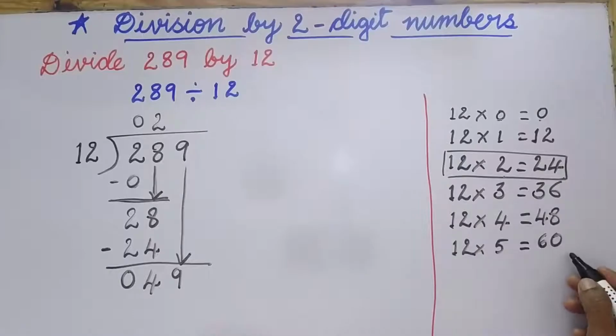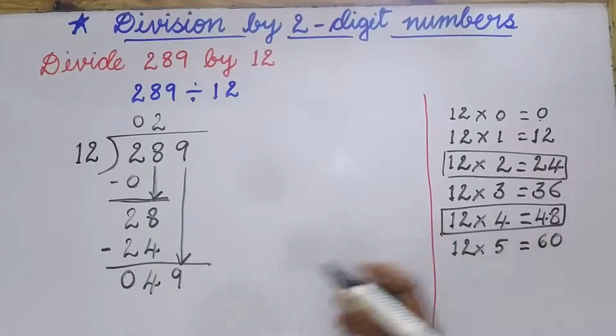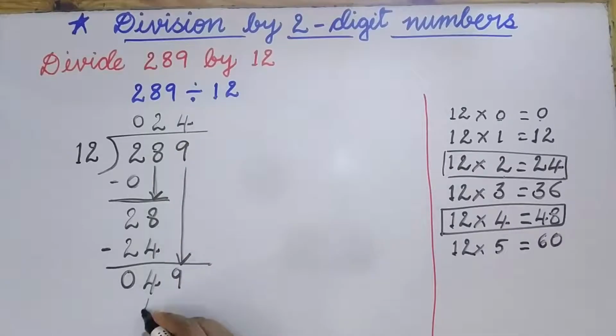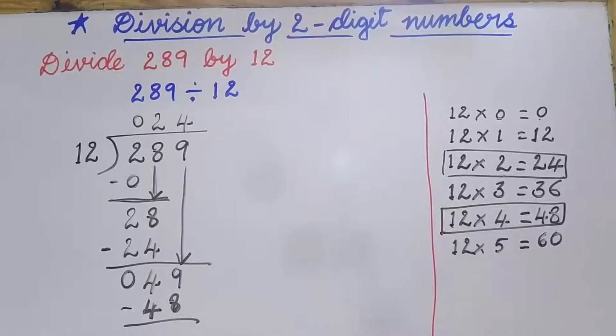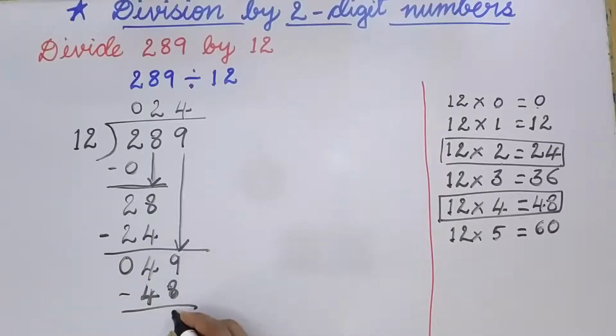Can we take 60? No, it's greater. So the nearest smaller one we can take. So 12 fours are 48. We need to write it here. Okay. And what do we get here? Yes, subtract, 9 minus 8, 1, 0.